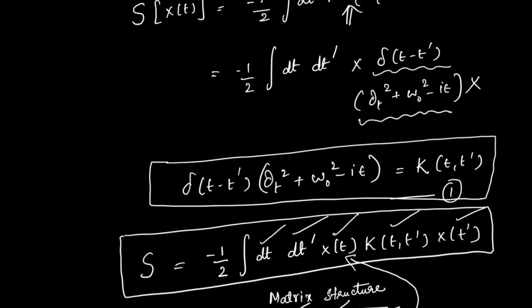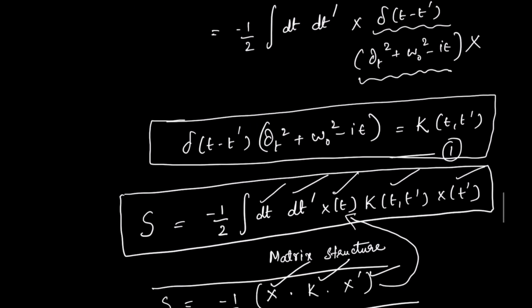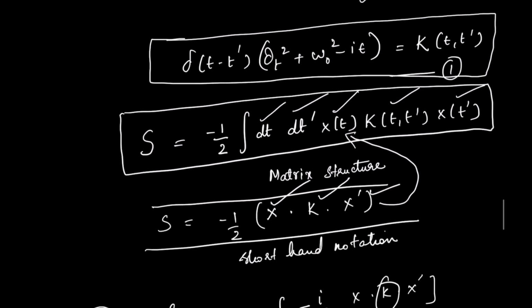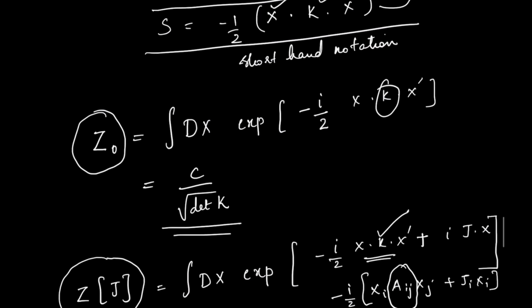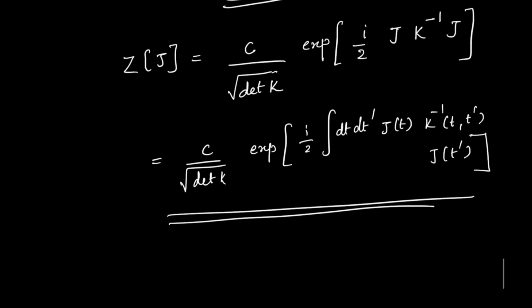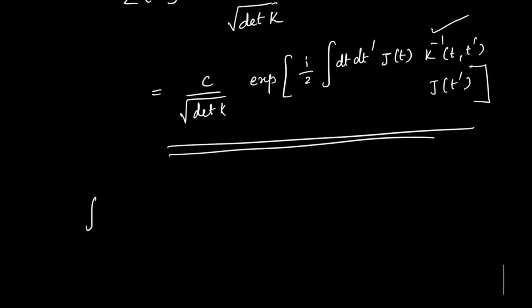But we have not defined K inverse. So K I have, but I don't have K inverse. So I have to define K inverse. How do I get K inverse? Integral dt K multiplied by K inverse must give you the delta function.